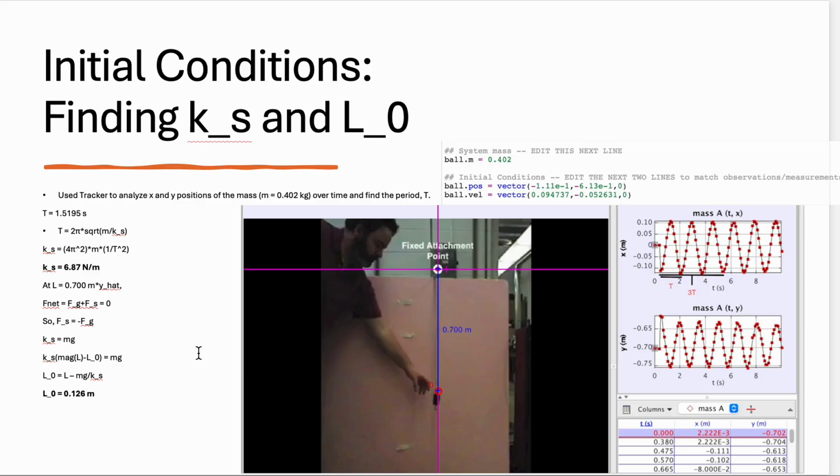So therefore, the force of the spring should be equal to the force of gravity, since those are the only forces acting on it, but in opposite directions, of course. And so we know that the initial length of the spring was 0.7 meters down from the fixed attachment point. So we could then solve for L naught to be 0.126 meters.